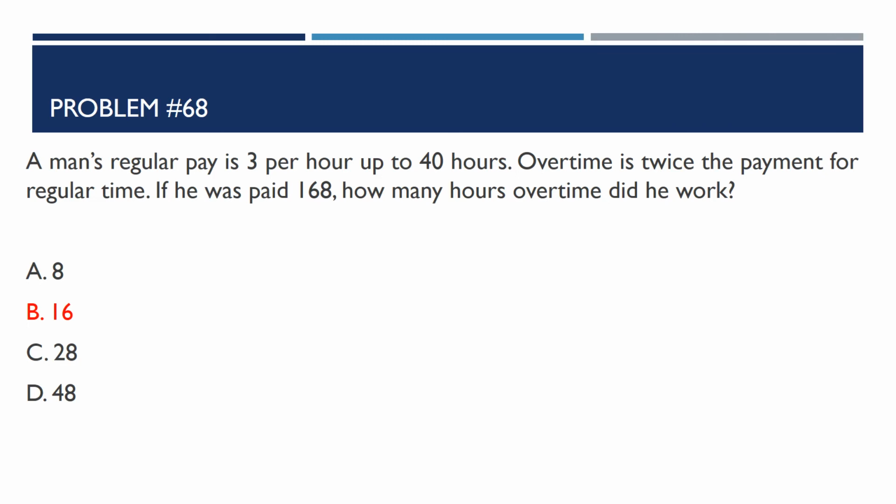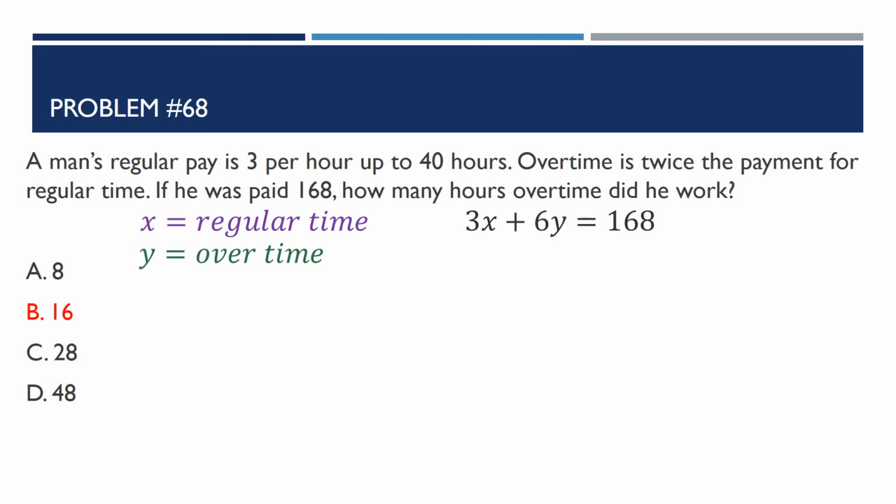So we actually use a simultaneous equation for this problem, particularly the elimination method. I use x and y variables, so x will be for regular time and y for overtime, and that's what we are going to look for. We know that a total of 168 was paid.